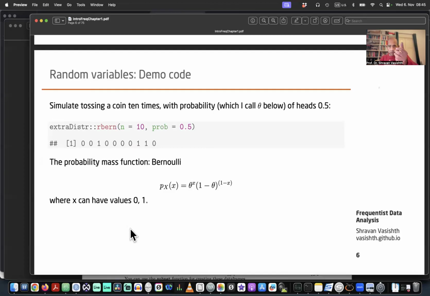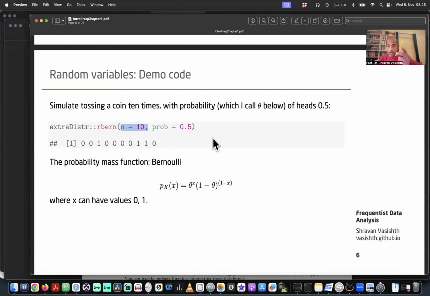The Bernoulli random variable assumes that each coin toss is being modeled by a random variable where the probability of success is some number between 0 and 1. I'm assuming 0.5 just for illustration. I could have chosen some other number between 0 and 1 here. And so here I'm running what we would call a Bernoulli process.